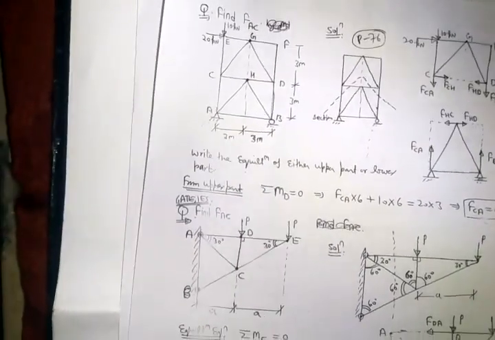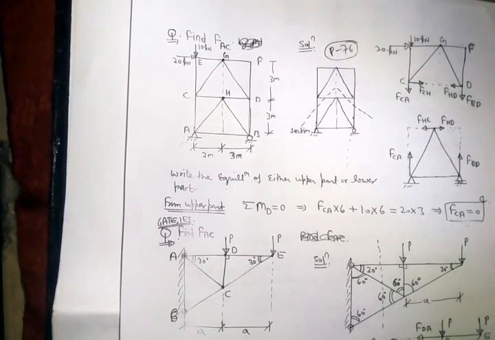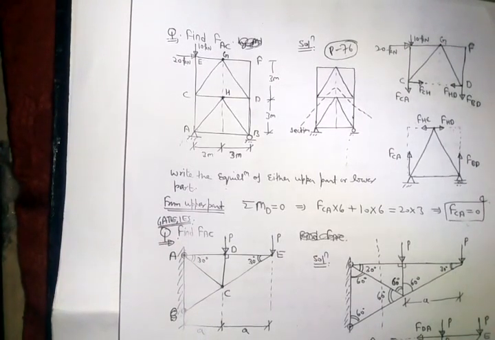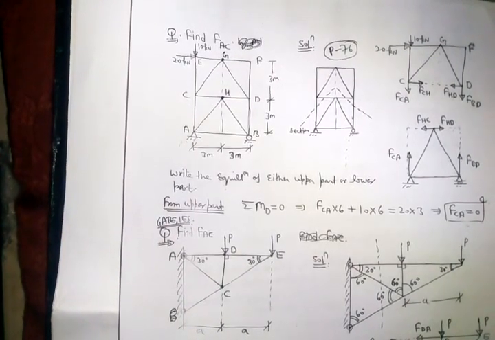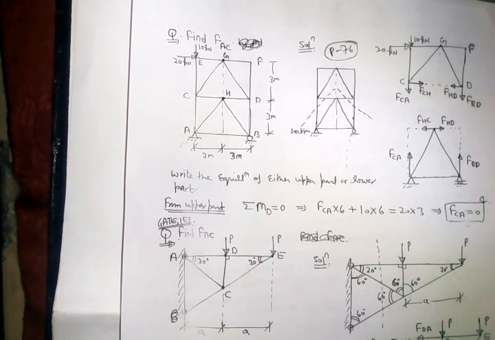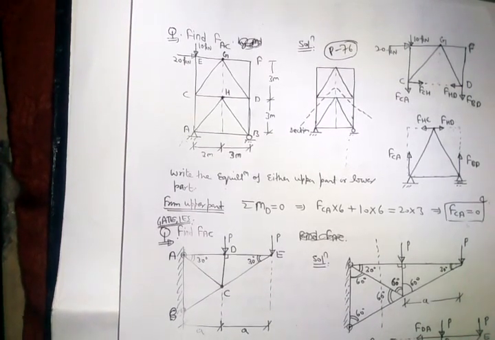See, for example, this is the question. Find force in member AC. So I have to make a cut in such a way that member AC should mandatorily be cut, right?